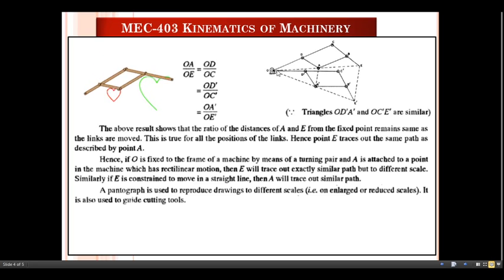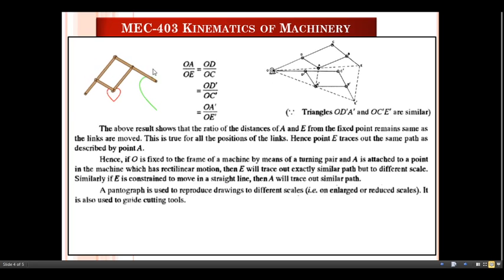In the earlier case, we wrote OA by OE. Now the above result shows that the ratio of the distances of A and E from the fixed point remains the same as the links are moved. This is true for all positions of the links. Hence, point E traces out the same path as described by point A.